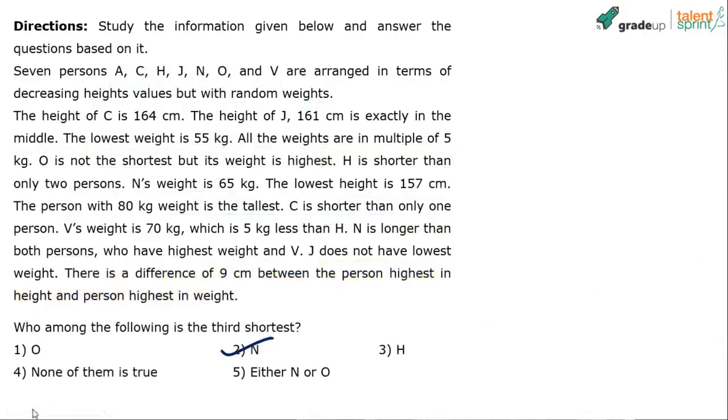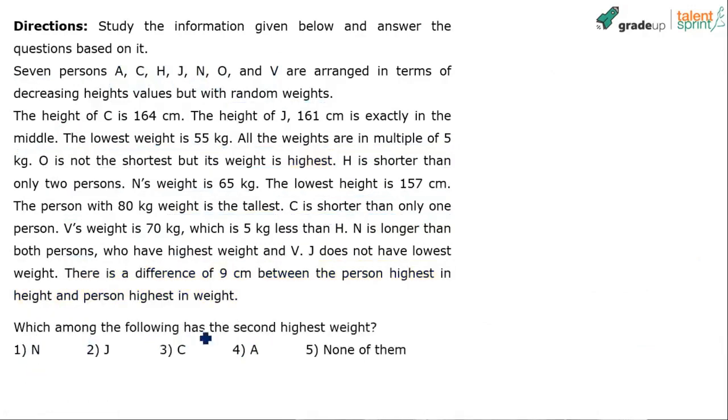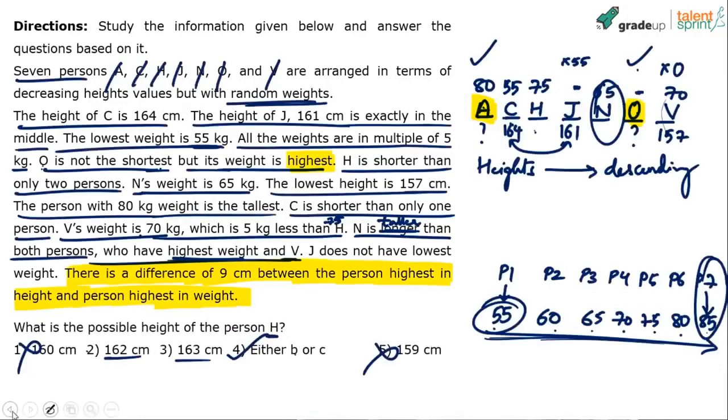Highest weight or highest height? Sorry, one second. Which among the following has the second highest weight? How do we know? The highest weight is C, right? C has got the highest weight. That's what we know. Sorry, the highest weight is O.